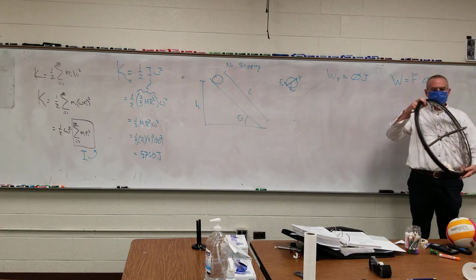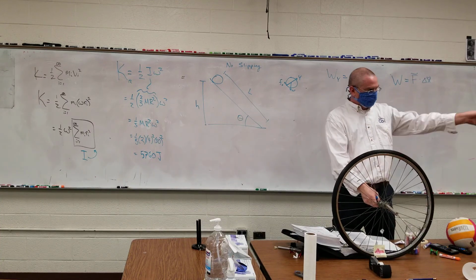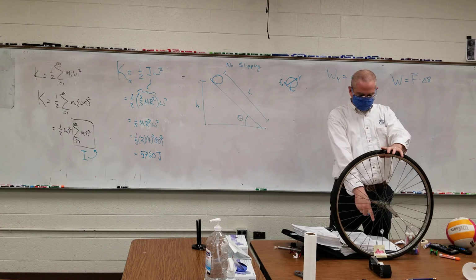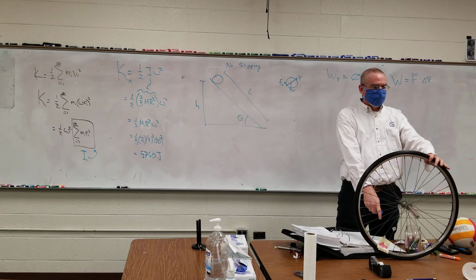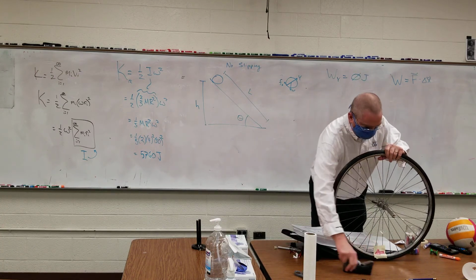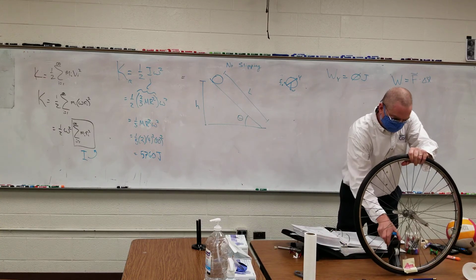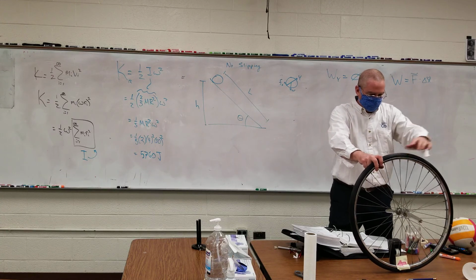Let's take the point where the sticker is. The wheel's going to go that way. Which way does that sticker move? Move backwards? All right, so we'll put this tape right behind it. So the wheel's going to go that way.